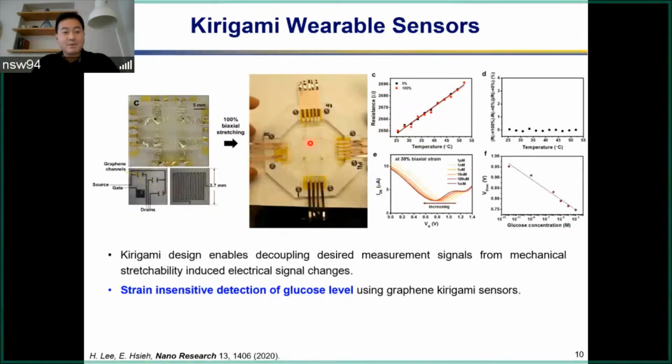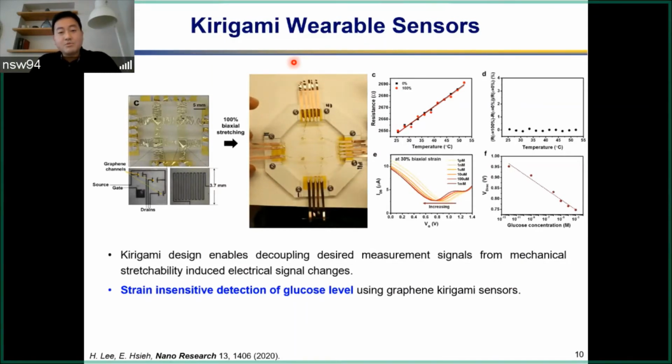Here's one example, a 2x2 Kirigami. In each island, you can put a number of different things, whether that's a graphene FET, which you can modify at the surface as a glucose sensor channel, a typical resistance temperature gauge, and a pH sensor.